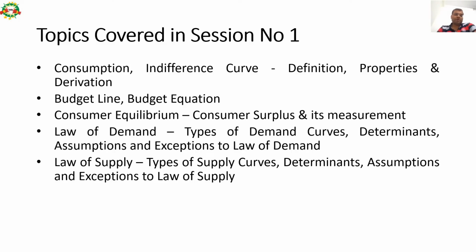We also discussed consumer equilibrium, consumer surplus and its measurement, law of demand, types of demand curves, determinants, assumptions and exceptions to the law of demand. And we also discussed the law of supply: the different types of supply curves, determinants, assumptions and exceptions to the law of supply.